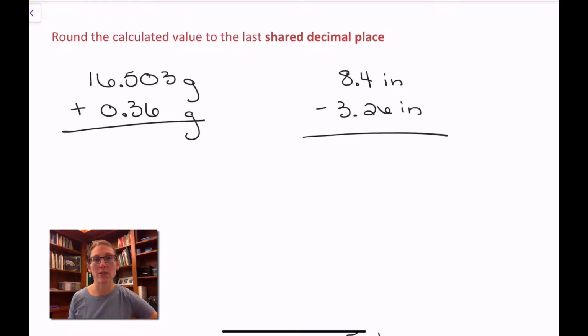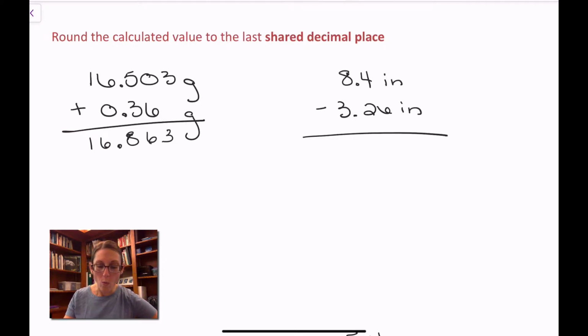So the easiest way to do this is to go back to elementary school and line up your numbers so the decimal places are all in vertical columns. As I look at my first example here on the left, I can certainly do this addition. I add 0.36 to the 16.503 and I get 16.863.